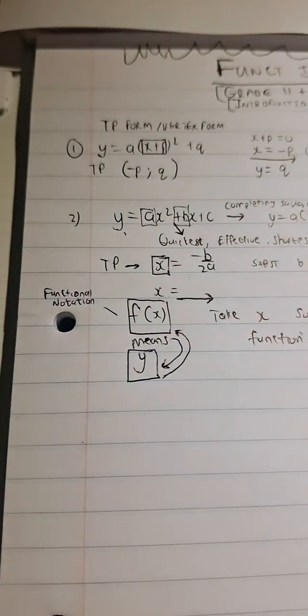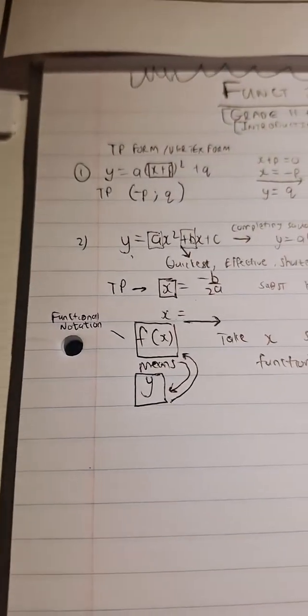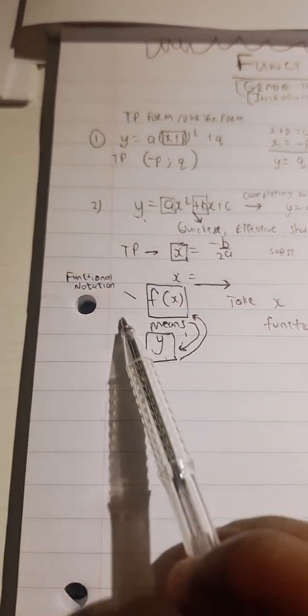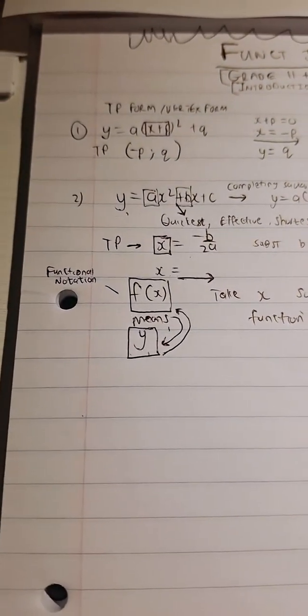This here is what we call functional notation. f of x is just functional notation. All of it means y.